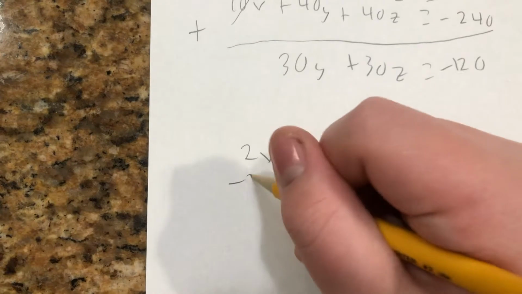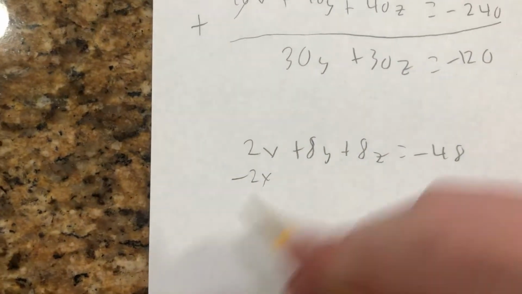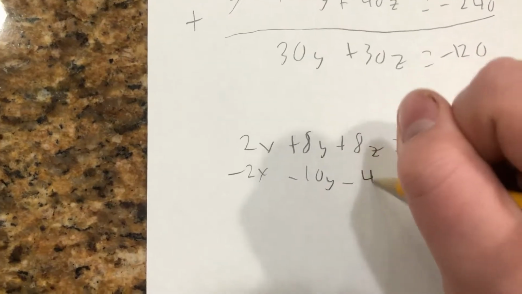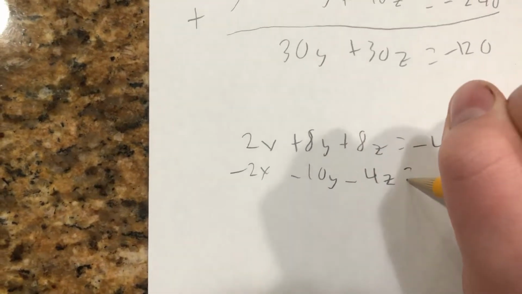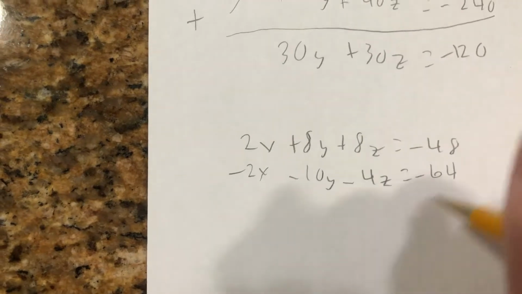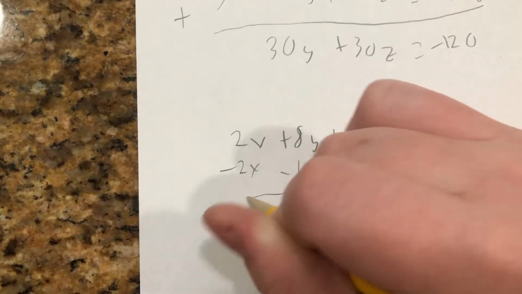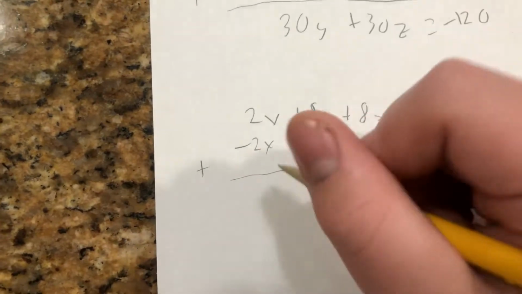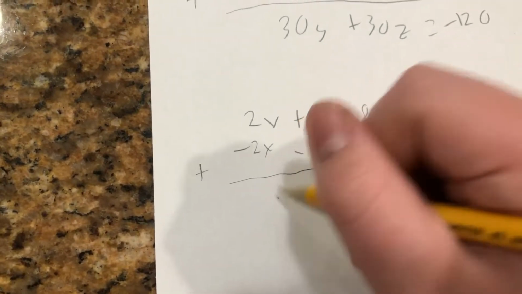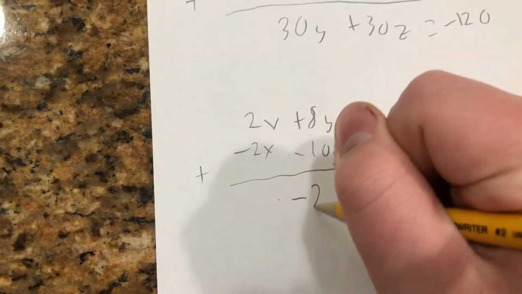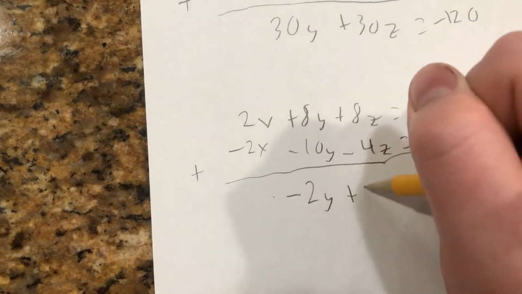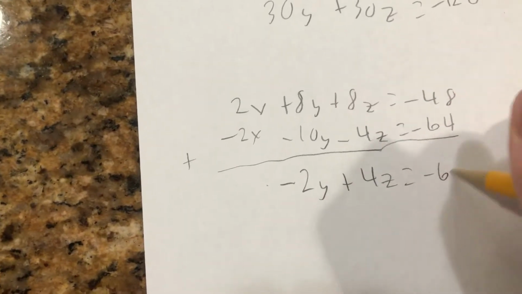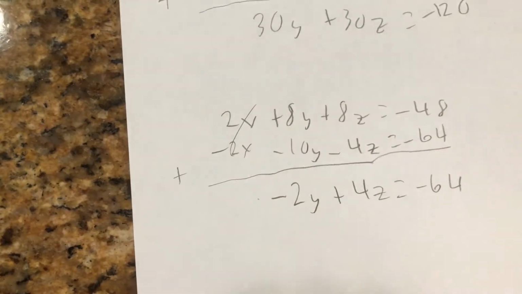And then negative 2x minus 10y minus 4z equals negative 64. And once again, we will put the line and addition mark. We will next solve, which we will get negative 2y plus 4z equals negative 64. And we'll also want to cancel out the 2s.